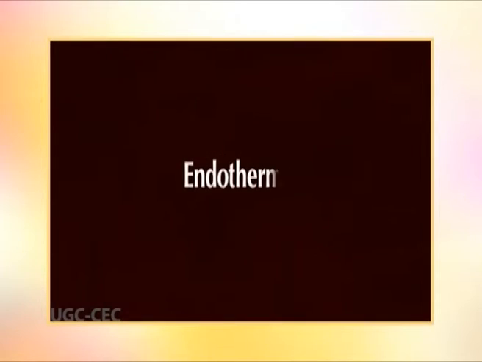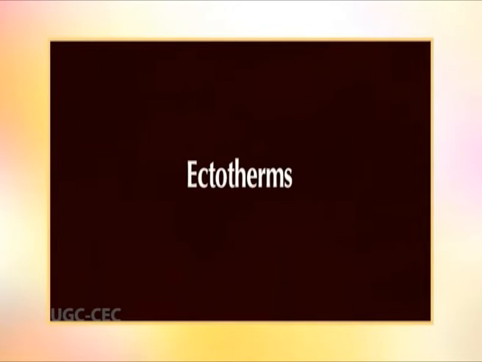Not all animals can do this physiologically. Animals that maintain a fairly constant body temperature, for example birds and mammals, are called endotherms, while those that have a variable body temperature, all other taxa, are called ectotherms.